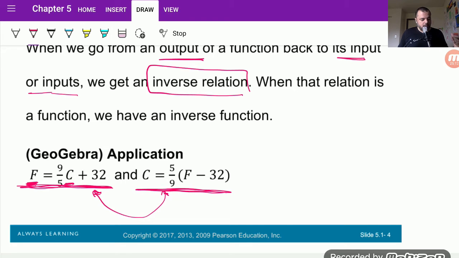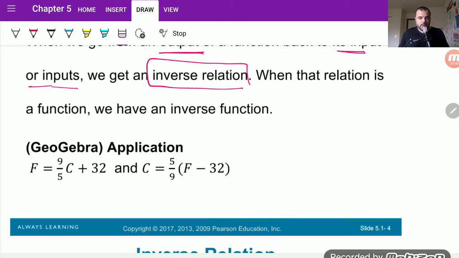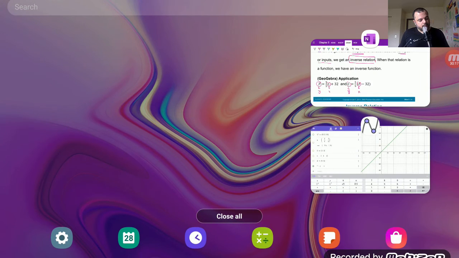Across y equals x. So now I'm going to go to GeoGebra and graph these two functions, but I'm going to do something. I'm going to call this guy y, and this guy is going to be x. The same thing here, I'm going to call this one y, and I'm going to call this one x, okay? Then I'm going to graph these two things in GeoGebra. So let's try to do this.